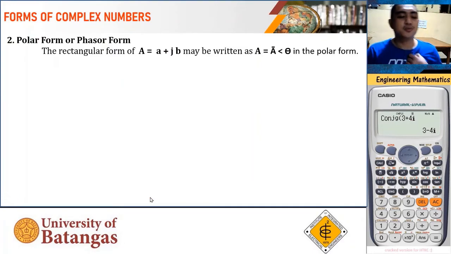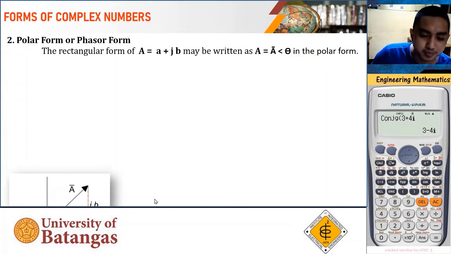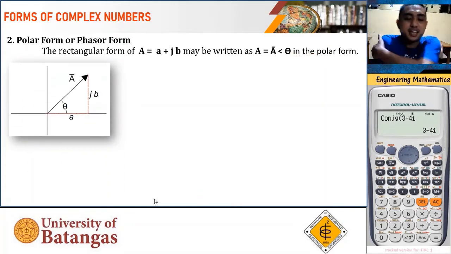Okay, so ang sunod nating form is polar form or Phasor form. So, yung polar form or Phasor form, the rectangular form of A equals A plus JB may be written as A equals A bar angle theta in the polar form. So, pakita natin sa argand diagram.